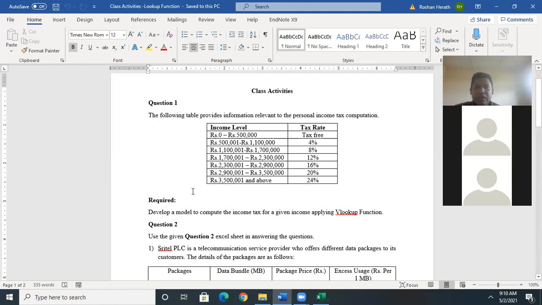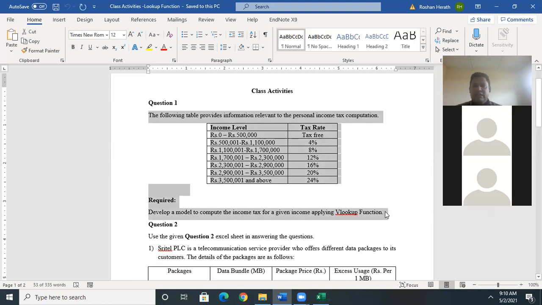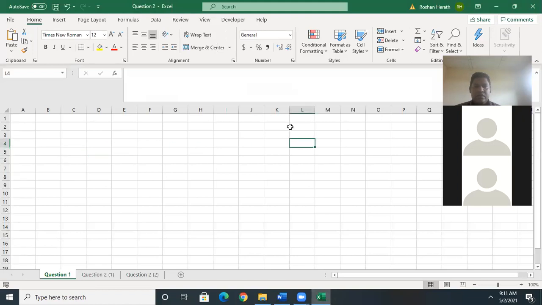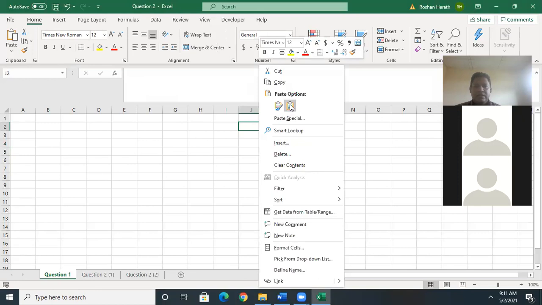Develop a model to compute income tax for a given income, applying the VLOOKUP function. It is a somewhat challenging task, but since we have discussed this repeatedly, I think you may not find it challenging.